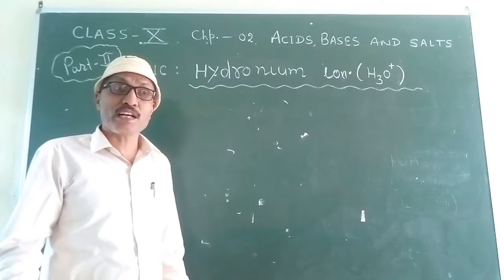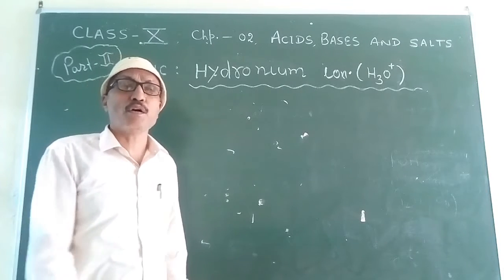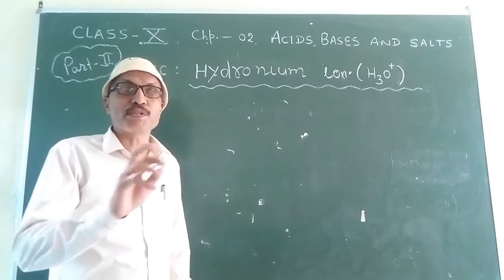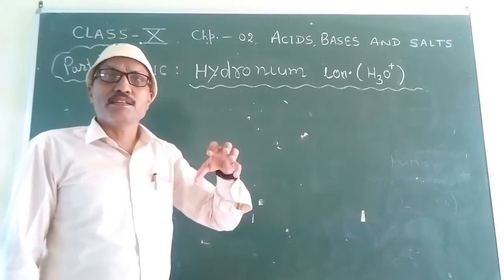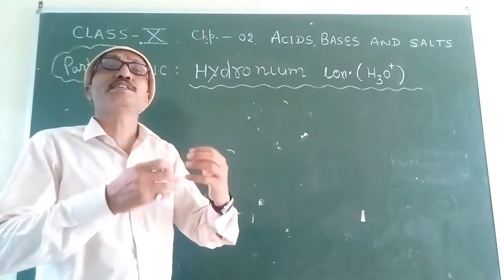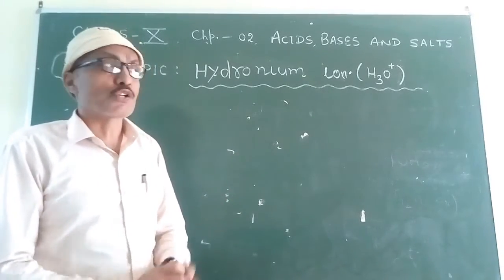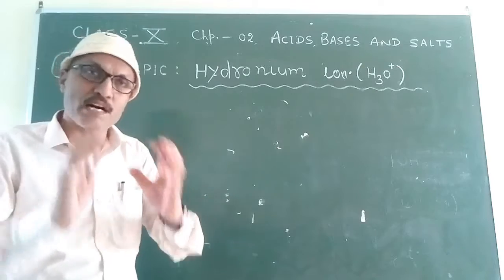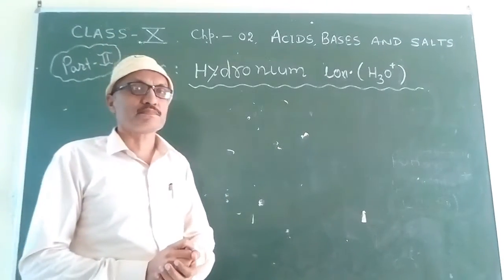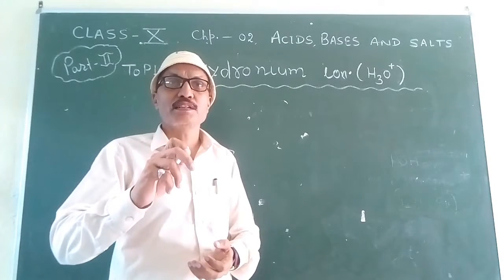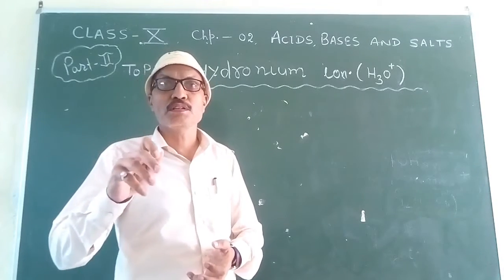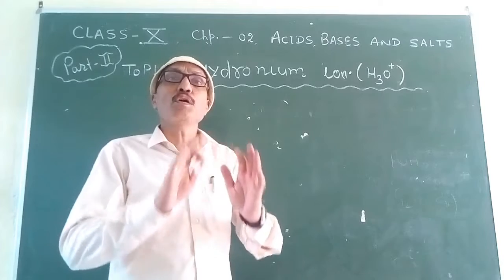Why does it not exist as H plus in water? This is because that H ion has high charge density. So due to high charge density, that hydrogen ion of acid in solution in water does not exist singly.